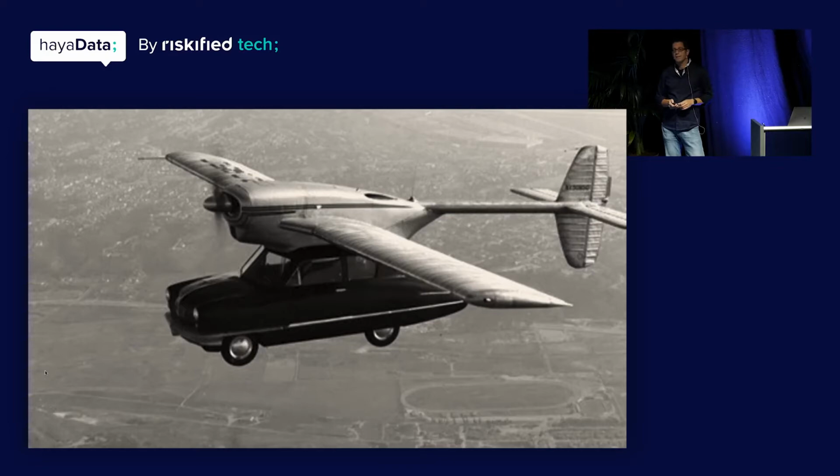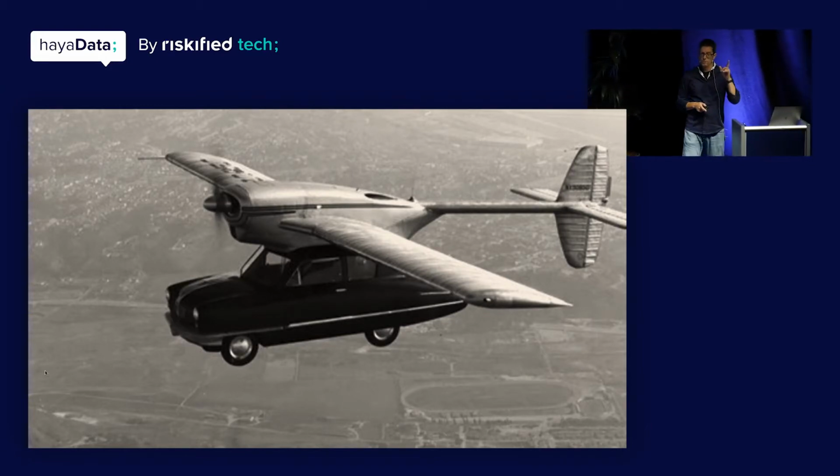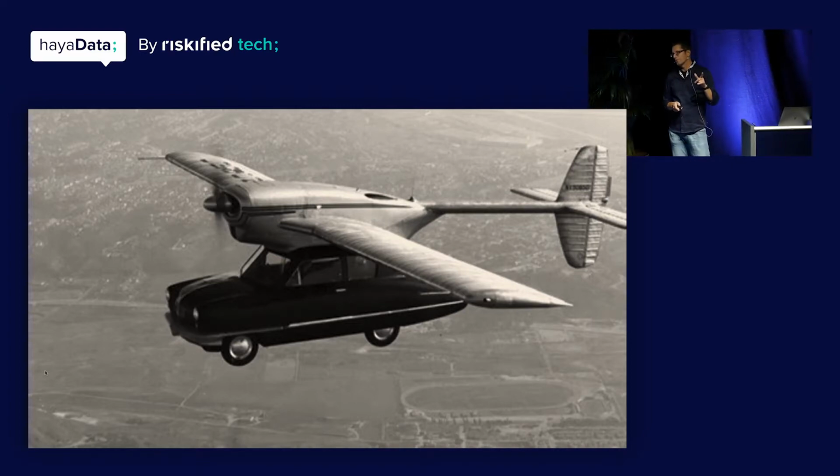If you go back to the 1950s, people predicted that by now we'd all be driving flying cars or flying them around. And yet, when I drove here this morning, I did not see one flying car driving on the road, nor did I see one in the sky, right? So this prediction was totally off, and there were lots of predictions that were totally off.